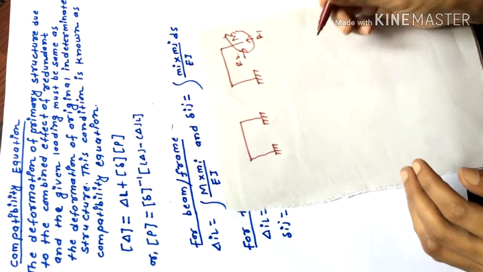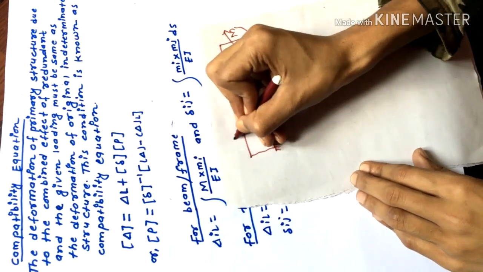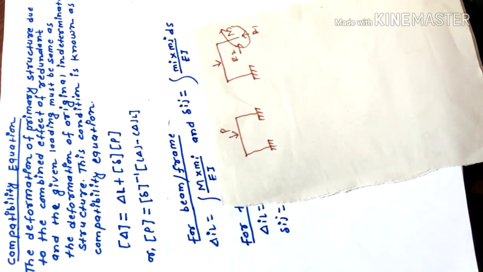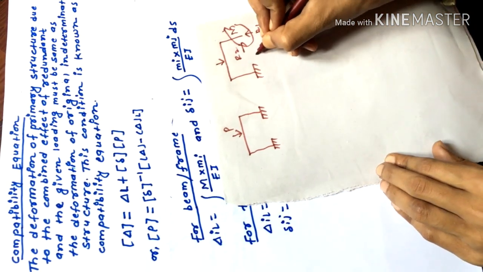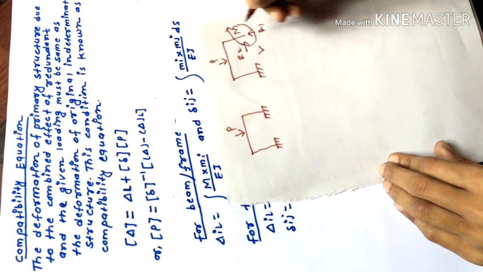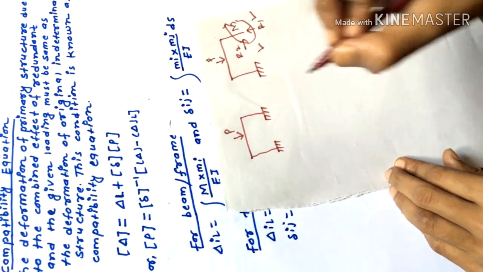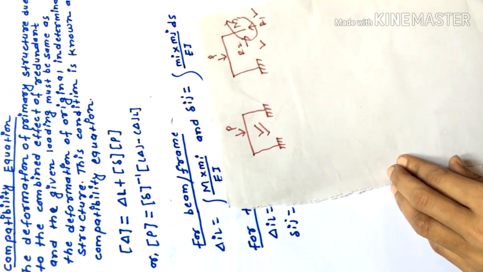According to the compatibility equation, the deformation of the primary structure, if there is load P, due to the given loading and redundant is equal to the deformation of the indeterminate structure. This is known as the compatibility equation.